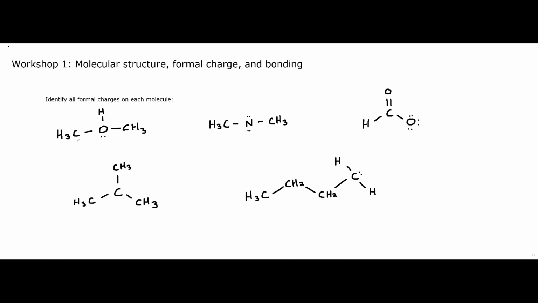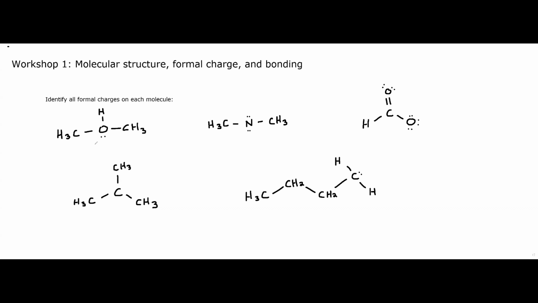Okay, and here's our final problem for the workshop. We have 5 different molecules here, and we are asked to identify any formal charges on these molecules. If you want to pause the video here and try to identify a formal charge on each molecule, you can do that now. Okay, so let's go ahead and get started with the first structure here.